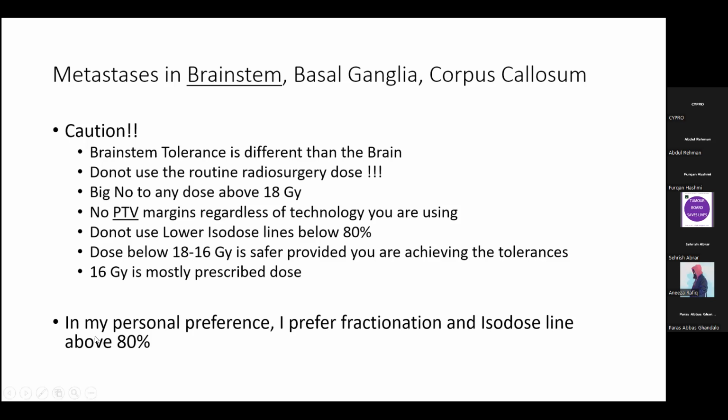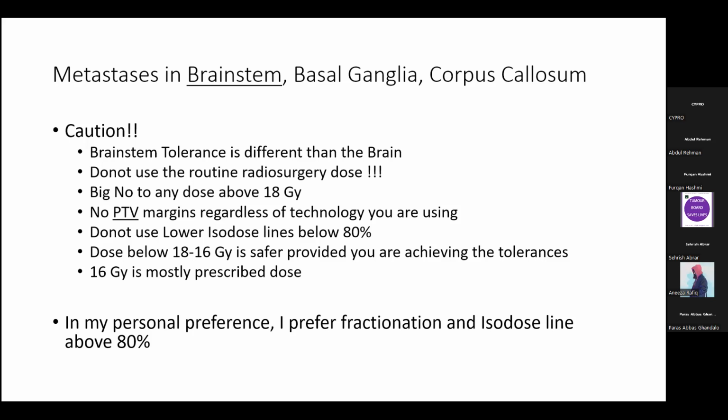And one more practical point I would like to add: we don't add any PTV margin to the lesion when we are treating the brainstem, because that PTV margin will certainly add more toxicity. And we don't use any lower isodose lines. Always try to keep above 80%, because these brain metastatic lesions are always infiltrative.